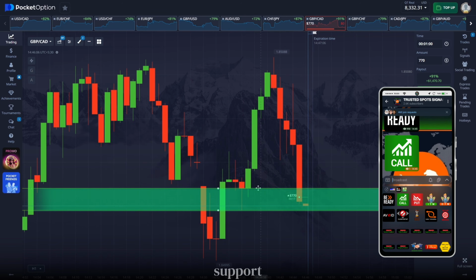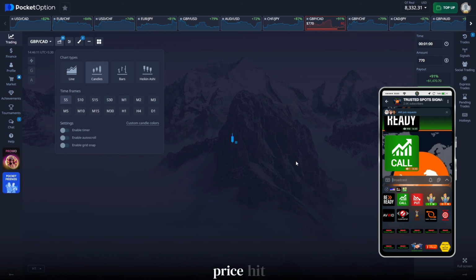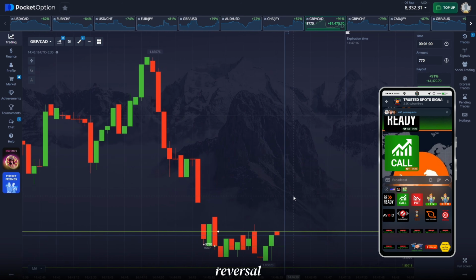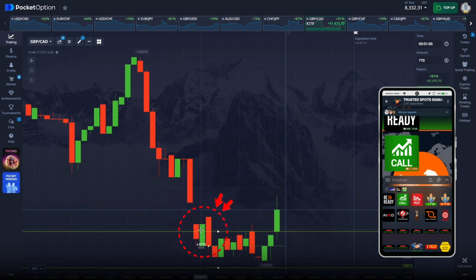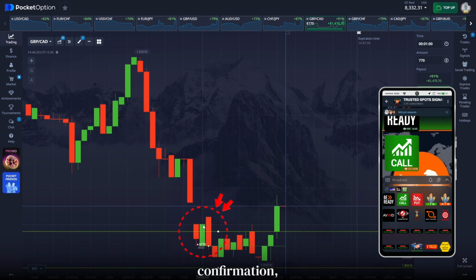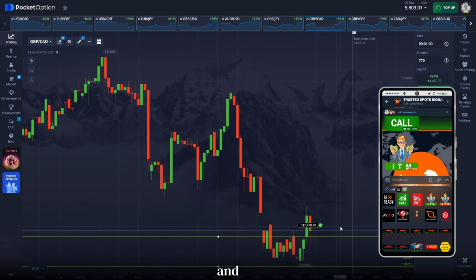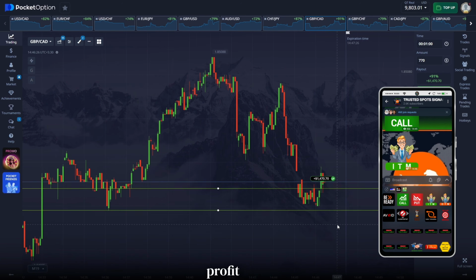So these recent support levels are very important. Price hit the exact recent support, and as soon as price hit the support, it instantly formed a reversal candle, which is here. And as soon as I got this confirmation, I placed the trade, and in the last 1 second, we booked profit here as well.